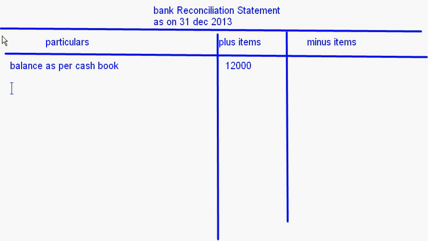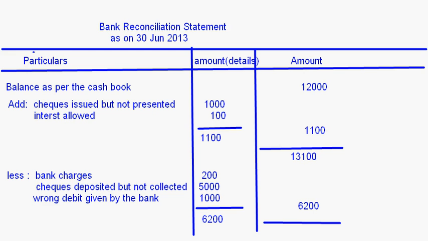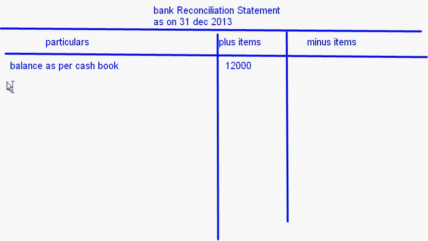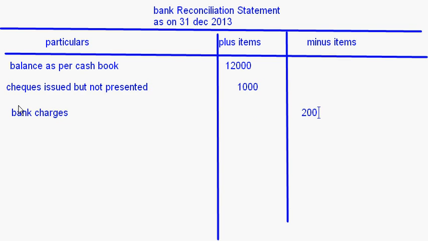Like here I had written checks issued but not presented, and that amount, whatever it is, will come in the plus items. Like I had written bank charges 200 rupees, or whatever the amount is, that will come in the minus items.